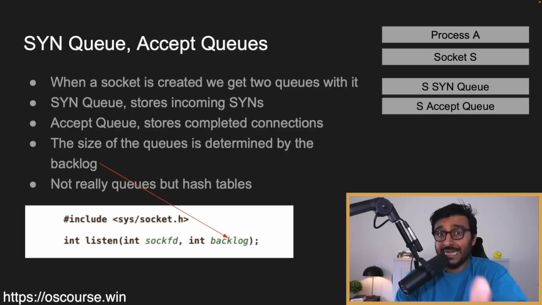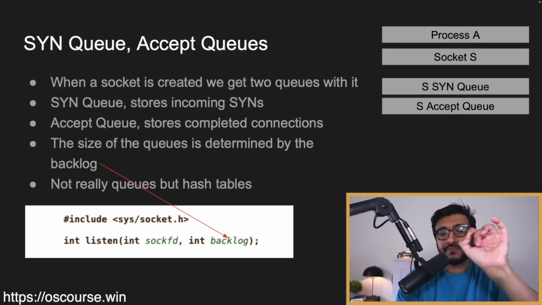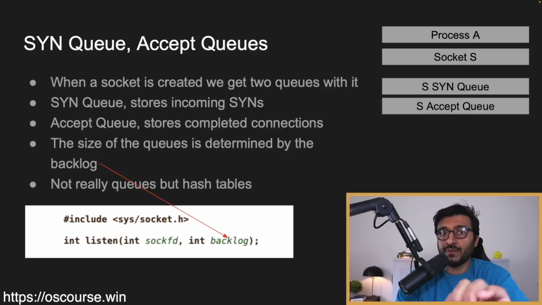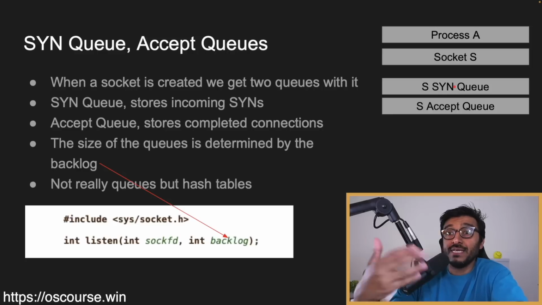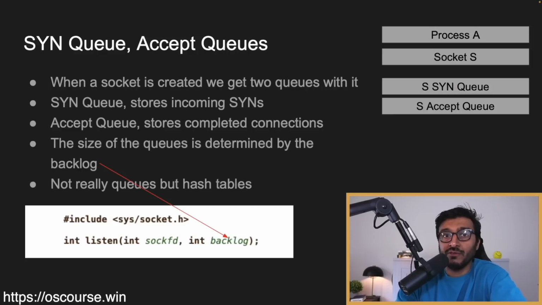And using that, we get a beautiful connection. But to handle the handshake, we need the SYNs, which are the synchronization. We use them to synchronize the sequence numbers that we use to label every segment. So that's the first thing, the SYN queue. If you have a lot of listening sockets, you get a lot of SYN queues, essentially.